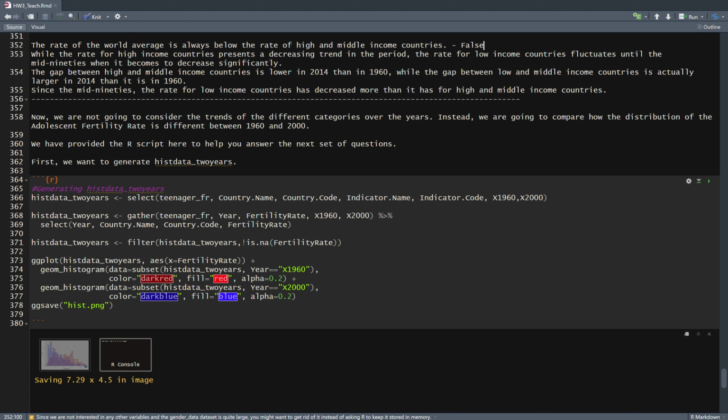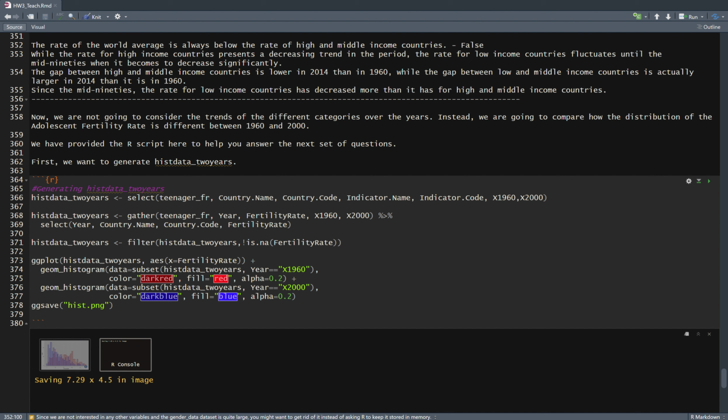Now, moving on. We are not going to consider trends of different categories over the years. Instead, we are going to compare how the distribution of the adolescent fertility rate is different between 1960 and 2000.